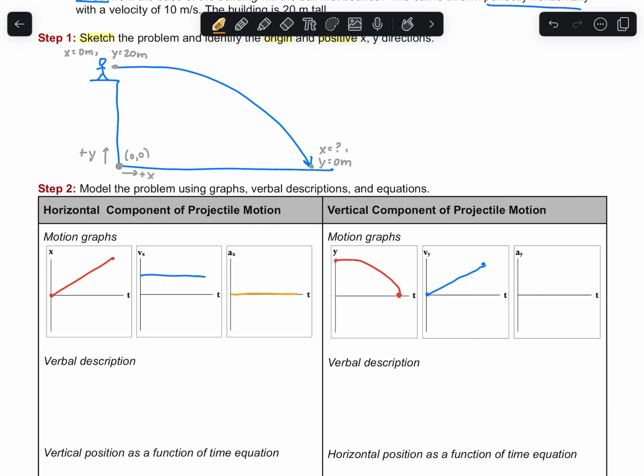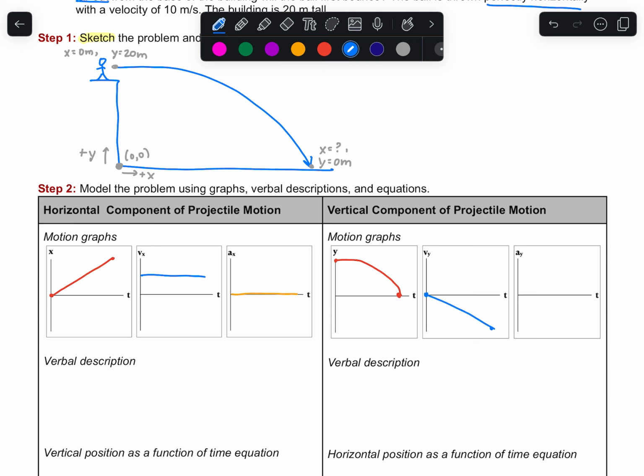The horizontal acceleration of the ball is 0. And, wait, hang on, I screwed up the vertical velocity. Those are negative velocities. So I need to start at 0 velocity and end at a large negative velocity. My bad. That means the vertical acceleration is negative.